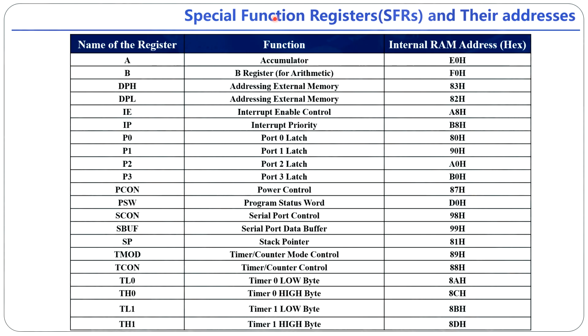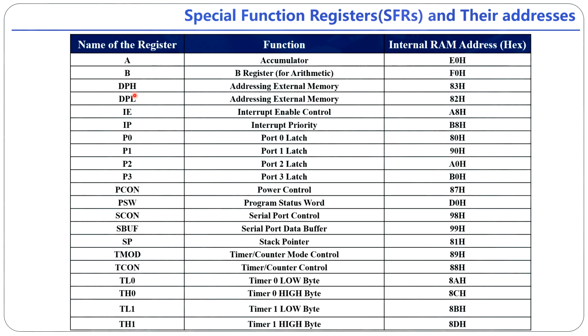Okay, special function registers, that is SFRs, and their addresses. We have divided these into 3 parts: name of the register, function of the register, and internal RAM address in hexadecimal form.